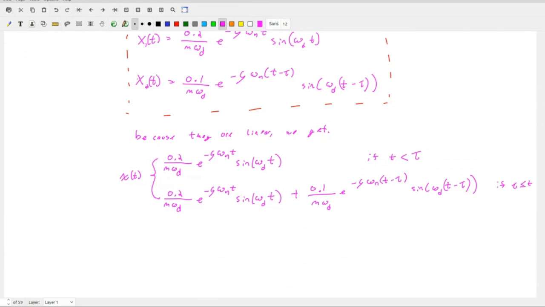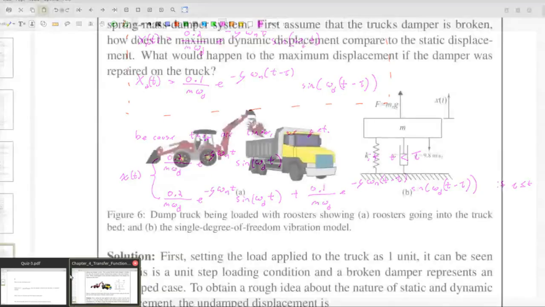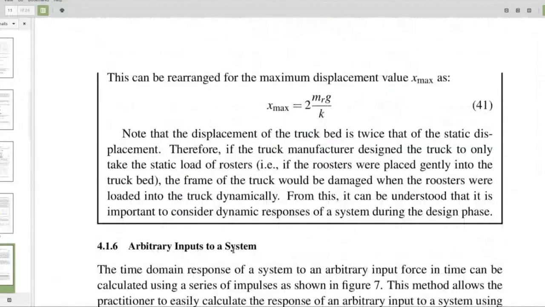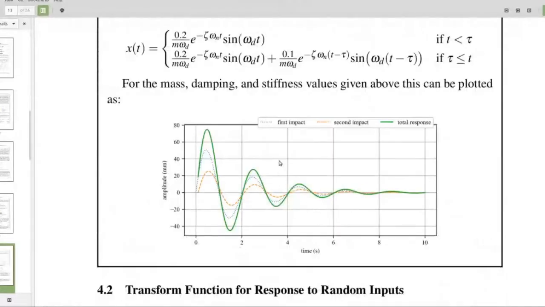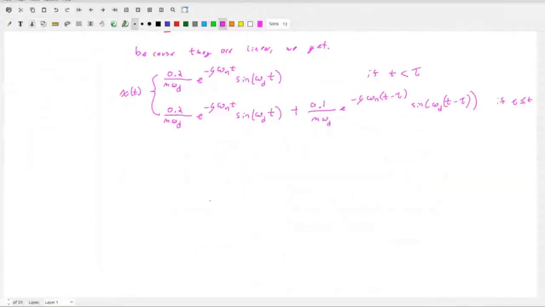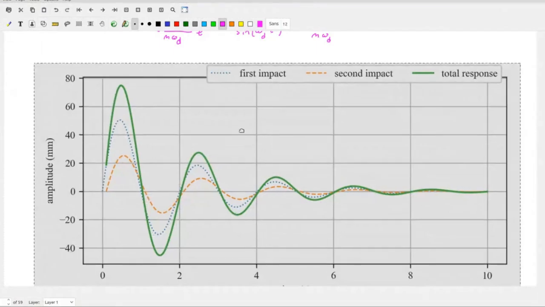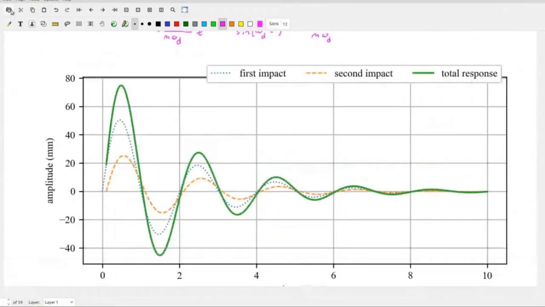And so this plot is going to look like this.